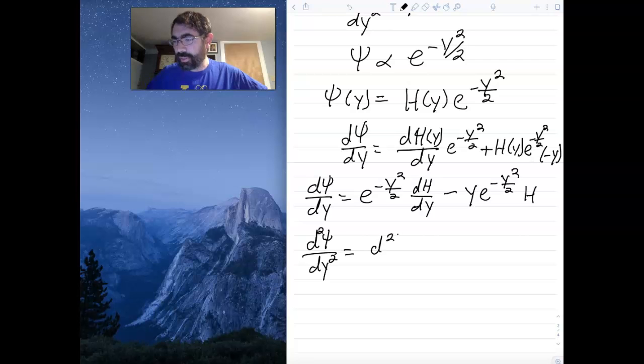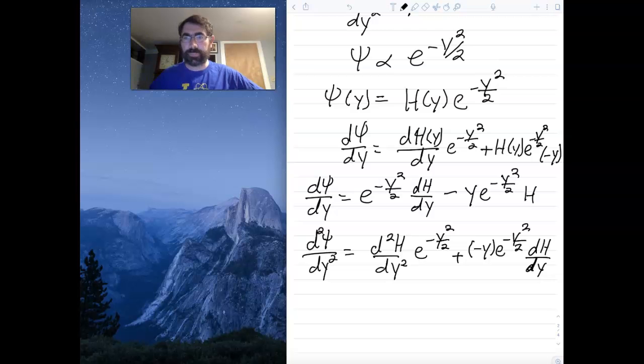We get the second derivative of h, e to the minus y squared over 2, plus minus y, e to the minus y squared over 2, the first derivative of h. So that's the chain rule on the first term.